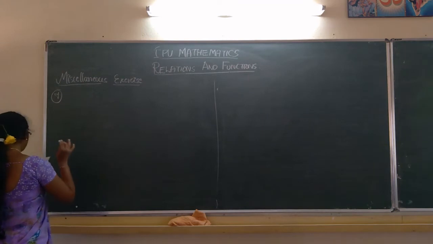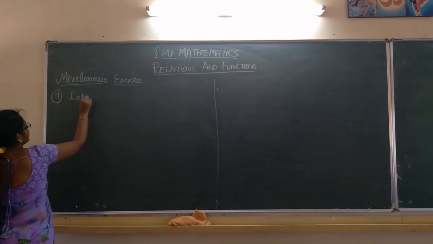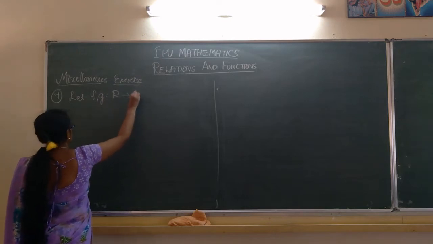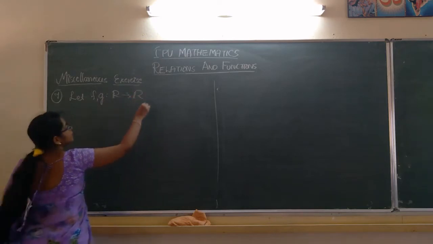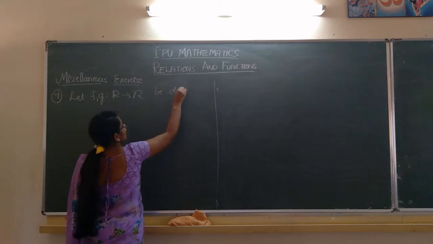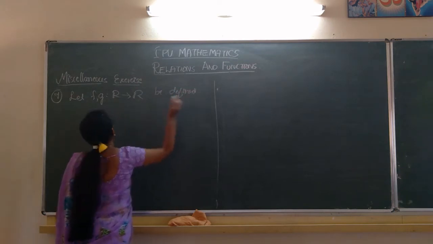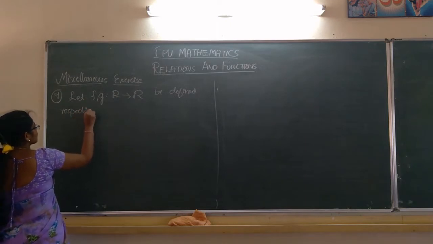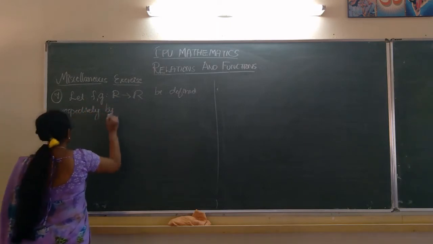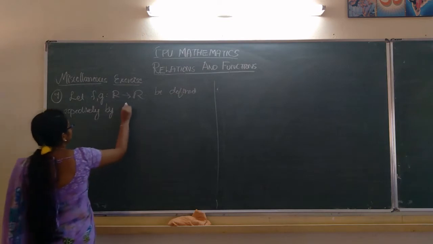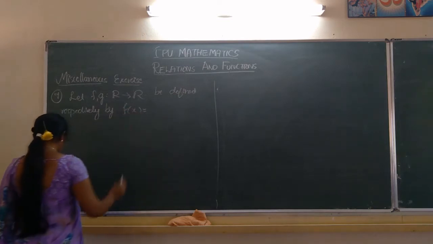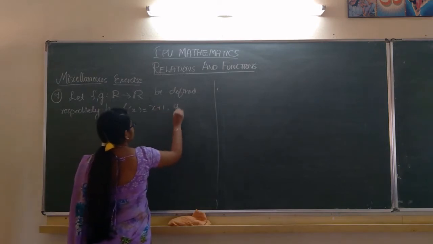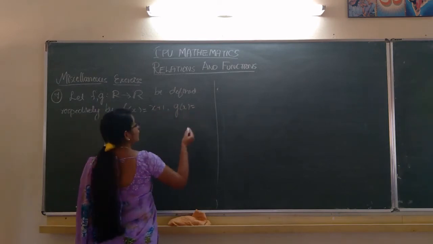The 7th question is: let f and g be functions from R to R, defined respectively by f of x is equal to x plus 1 and g of x is equal to 2x minus 3.